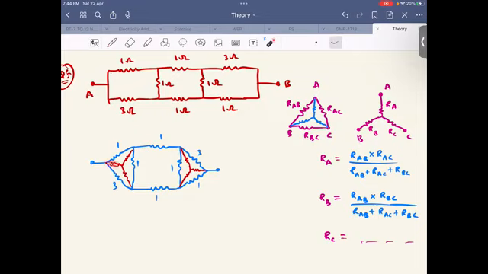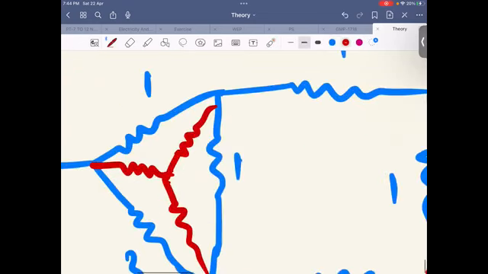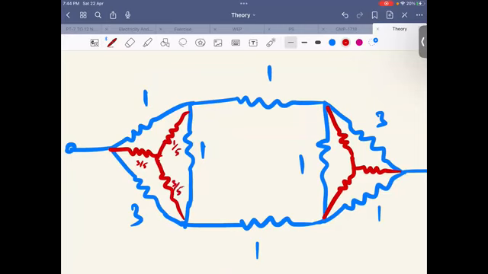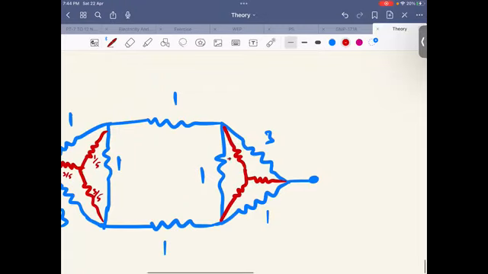Just now I told you the method: this into this by the total sum. 3 into 1 is 3, total sum is 5, so this resistor is 3 by 5. Similarly, this value is 1 by 5, this is 3 by 5. In the similar way, this will be 3 by 5, this 1 by 5, and this 3 into 1, 3 by 5.